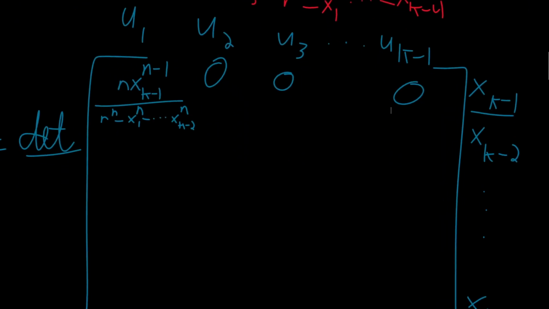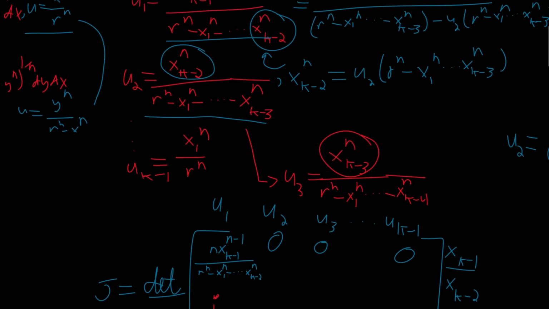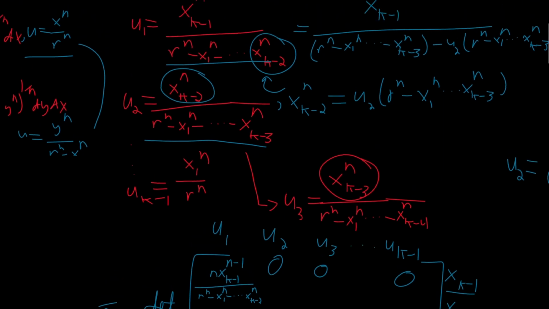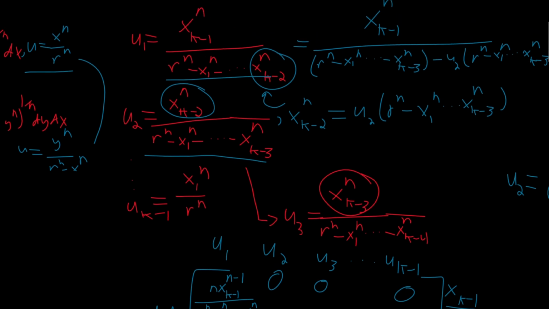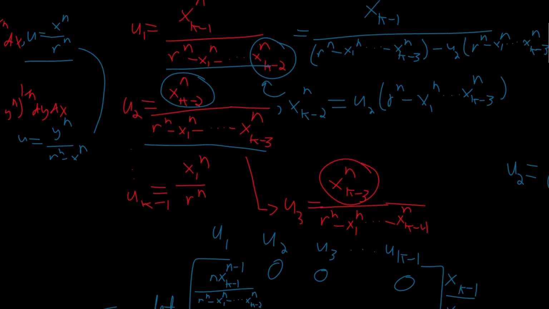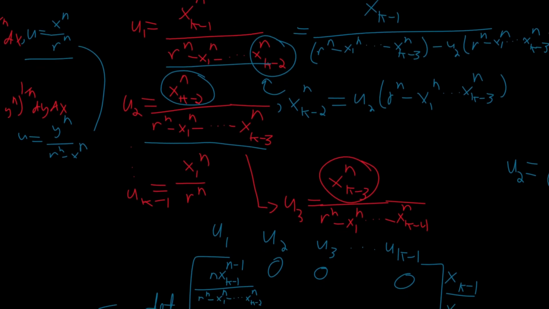Now, I'm actually going to start computing terms along the diagonal. I'm not going to worry about the terms like here and down, because A, they're ugly, and B, I don't want to spoil this yet. So just hang on. Differentiating u2 with respect to x_{k-2}, well, that right there is going to be the same thing as the u1 case, just minus a term, really, in the denominator.